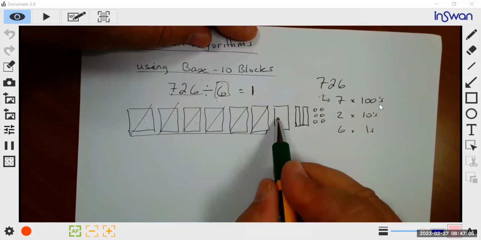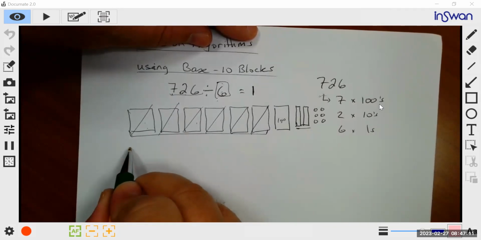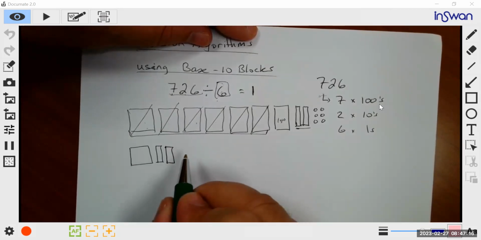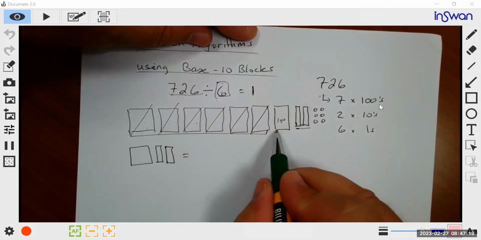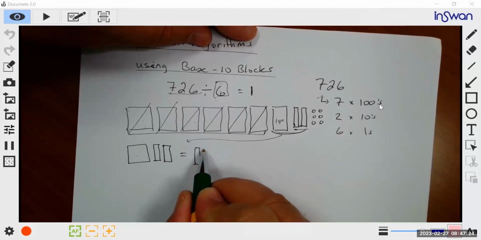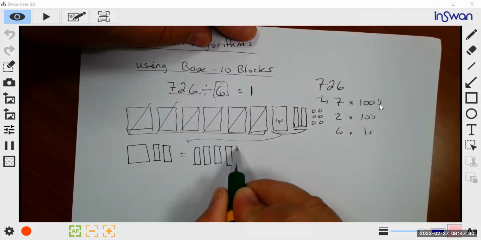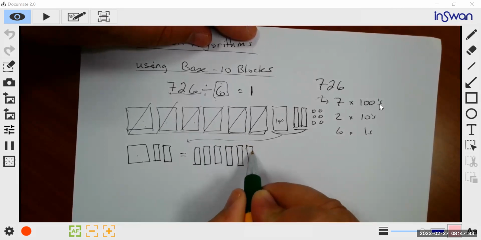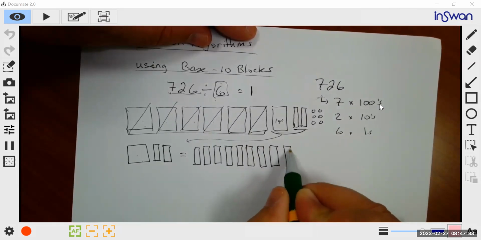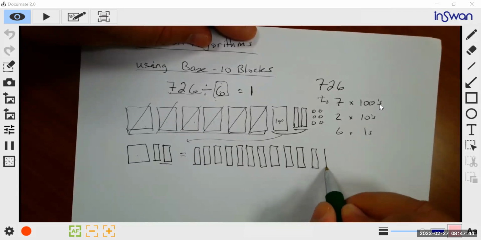This one is 100. And these are 2 10s. So I can break this up into 10 1s or 10 10s. 1, 2, 3, 4, 5, 6, 7, 8, 9, 10, and 2 more, 11, 12.